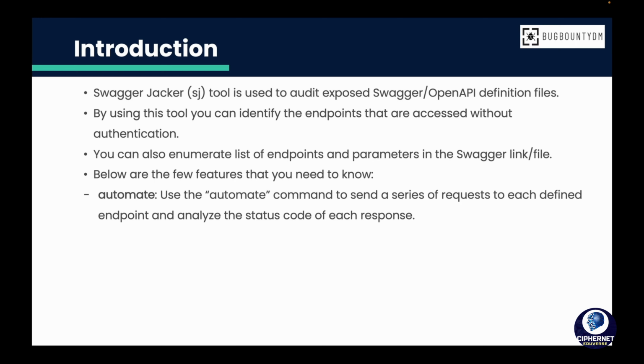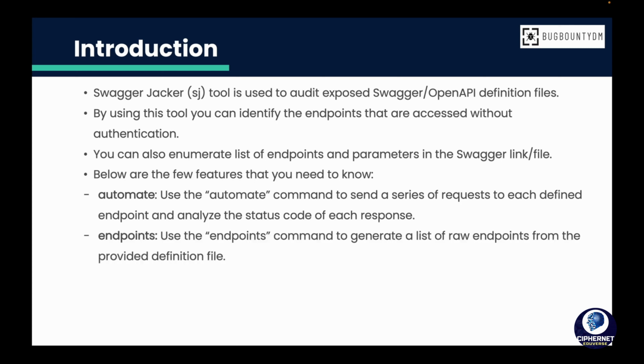If you get a 200 OK status code in the output without any API key or authentication key, that is an indication that this endpoint is accessible anonymously, so you can retrieve sensitive information from it.